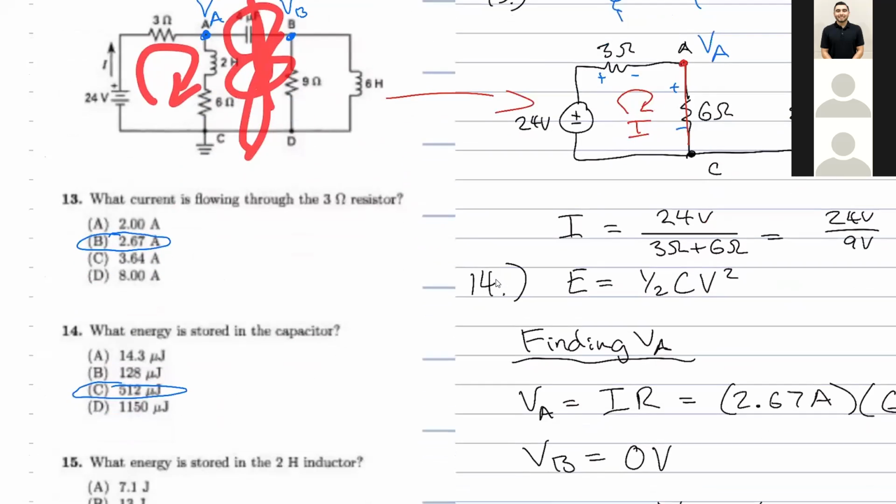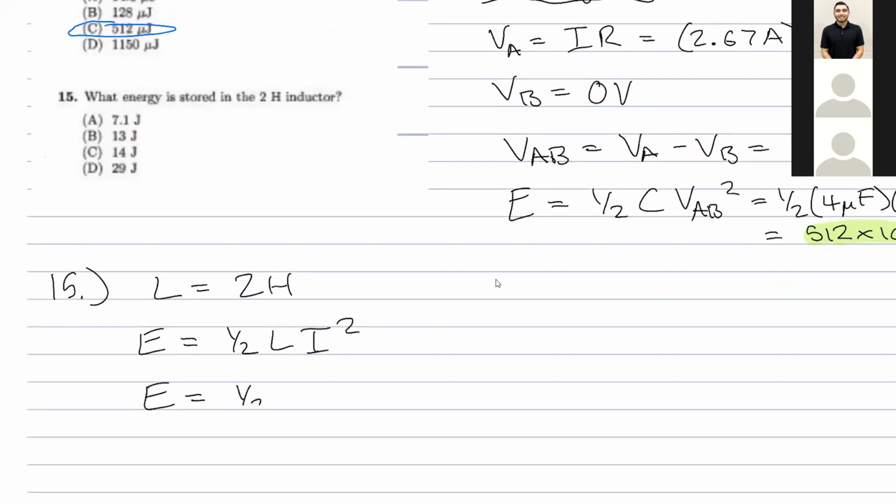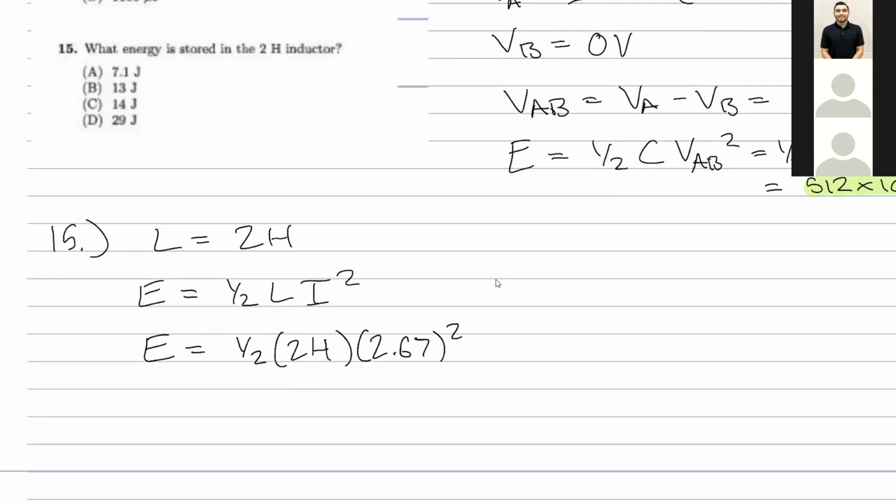So it's as simple as plugging in that current that we found before, which is like 2.67 or something. And that comes to like 7.13 joules.